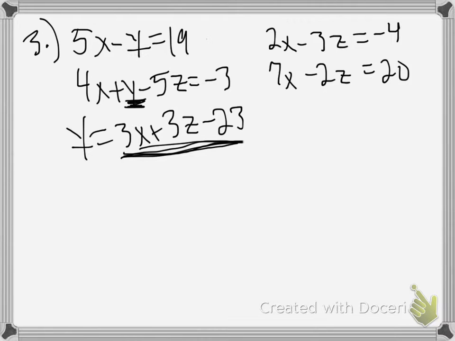So now I need to solve this system over here to the right. I need to solve it for both x and z. So I'm going to use elimination now. I'm going to try to eliminate my z variables. So I'm going to multiply the top equation by 2. I'm going to multiply the bottom equation by negative 3.